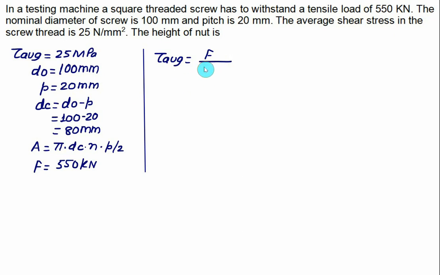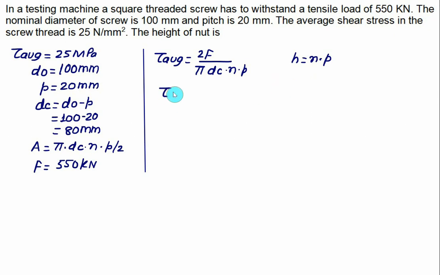So at root we have pi into DC into N into P, and 2 will shift in numerator. We have to calculate here the height of the nut. N into P is same as the height of nut, that is product of number of threads in engagement multiplied by pitch will be same as height.